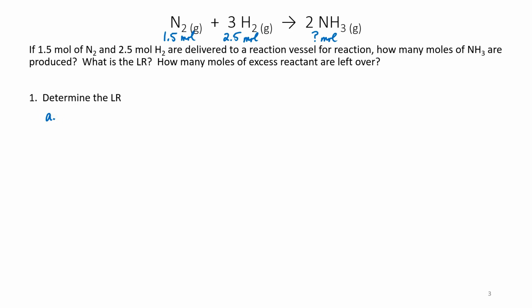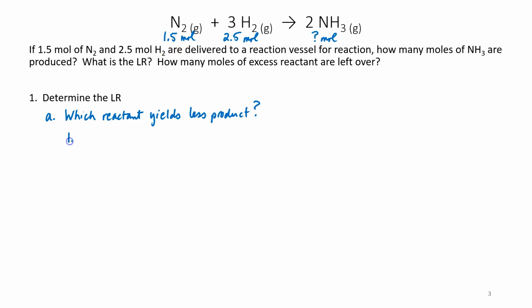The way that I do it is I want to know which reactant, is it the hydrogen or the nitrogen, yields less product. Well, let's see.